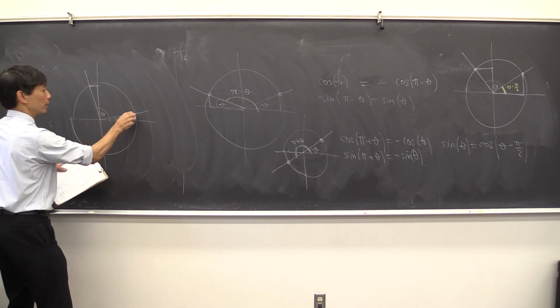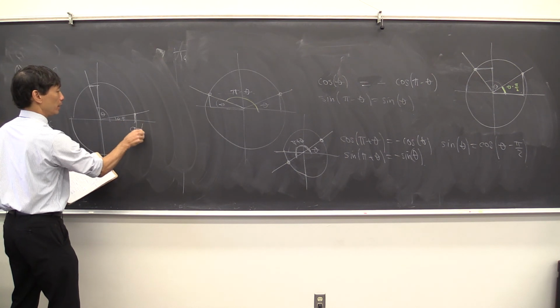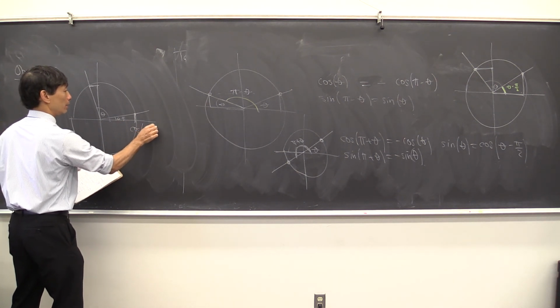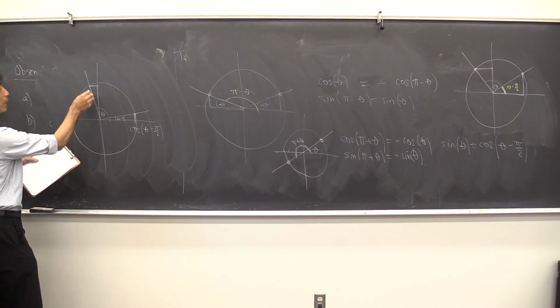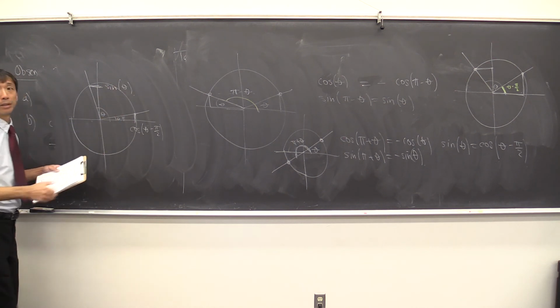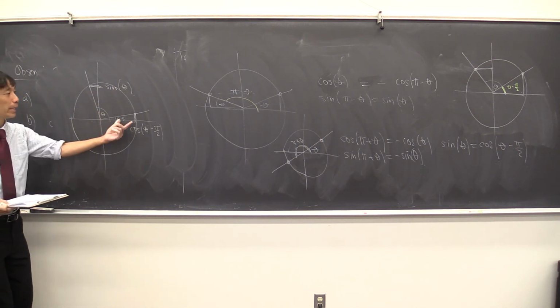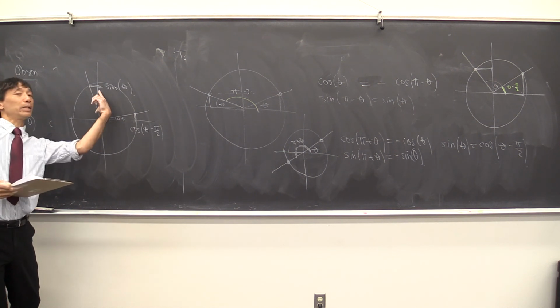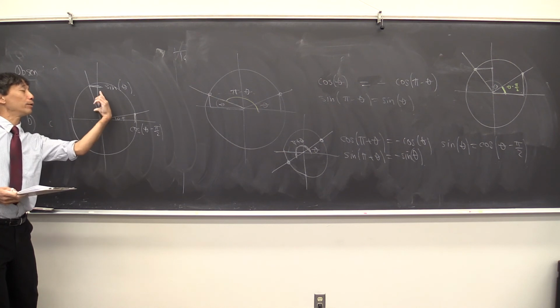And what you see is that the cosine of theta minus pi over 2 is the same thing as the sine of theta, excuse me. The cosine is the x coordinate here, which is the same thing as the y coordinate here. The x coordinate here is the y coordinate here.